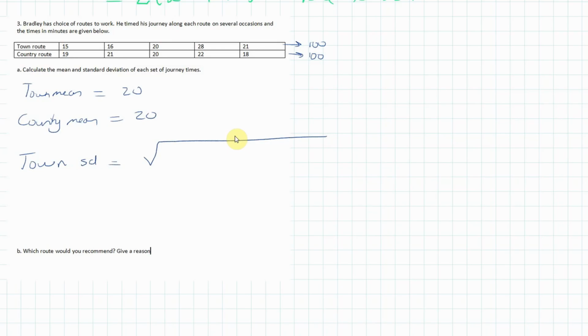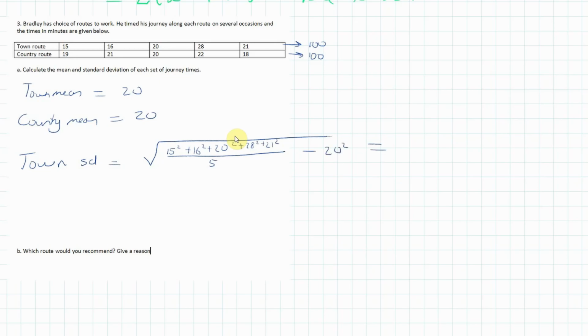So, the sum of x squared. So I'm taking all of these and squaring them over the number of pieces of data. Subtract the mean squared. Now we found out the mean in the previous part of the question.